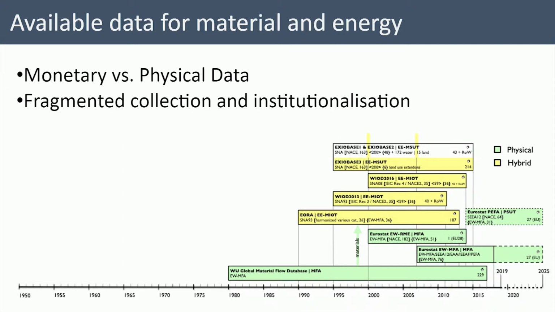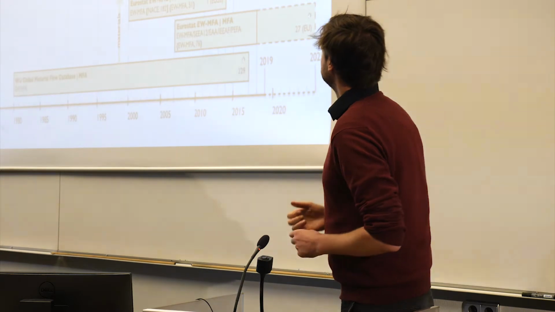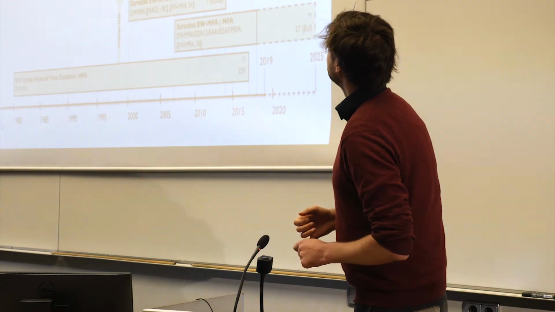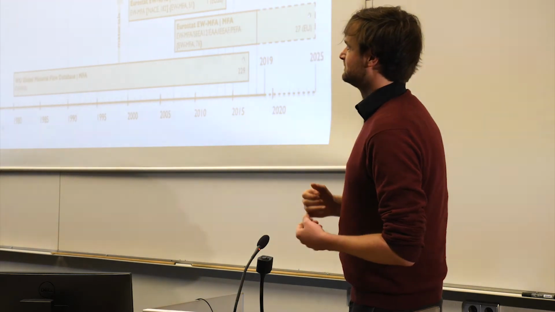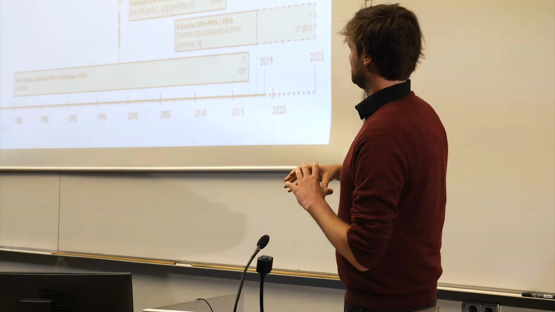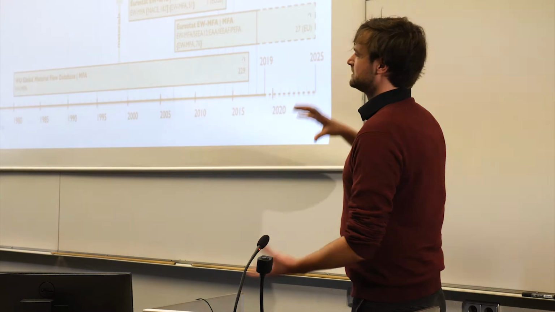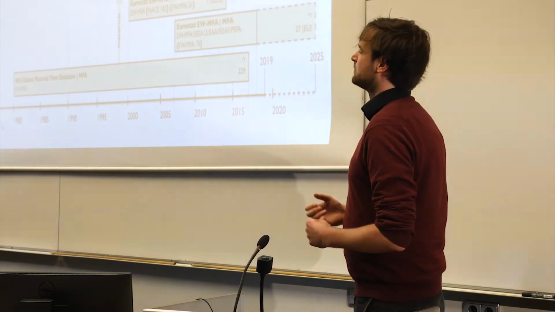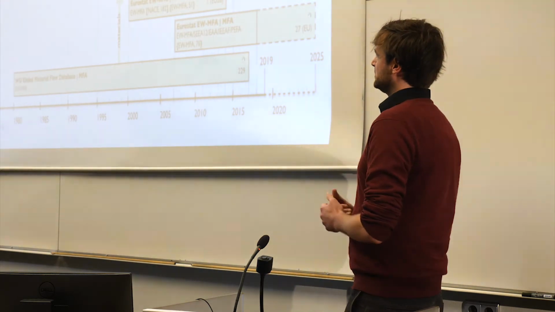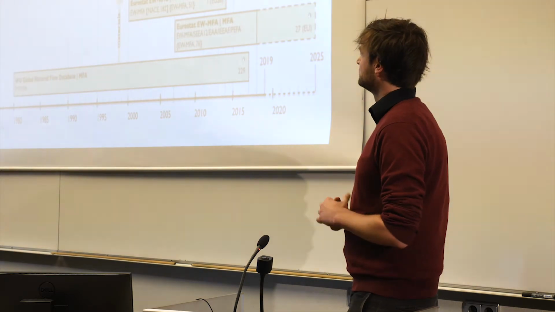And then we have a lot of data sets with monetary information on how the market exchanges between different sectors. So a lot of researchers build on this, and they extended these data sets with environmental indicators. So we know what the material and energy impact, the environmental impacts, are of our consumption.